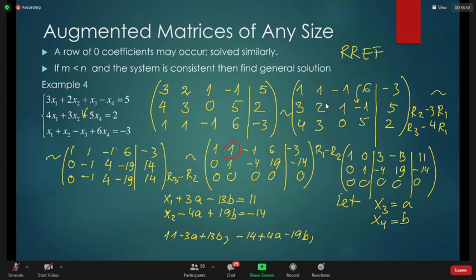And then x3 is simply a, and x4 is simply b. And this would be my general solution. Instead of one constant, as in the first case, here we have 2 constants to be chosen. We can choose 2 constants, and then using these 2, we can express the remaining variables.